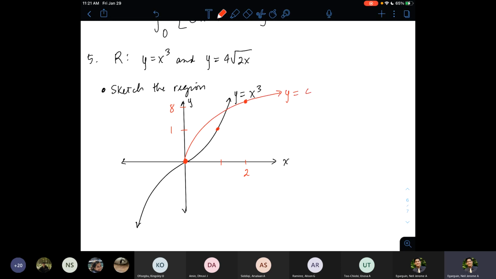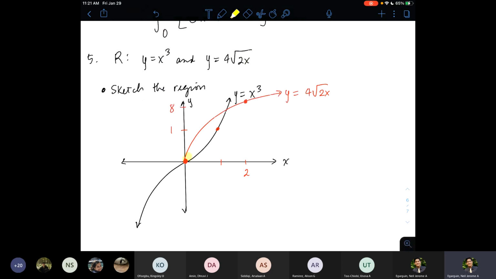So this is y equals 4 root of 2x. All right, so here I only needed to have an idea of how the graph looks like. I know a square root function is a semi-parabola, so it either opens to the left or to the right, and then take half of that parabola, and then I just give two specific points. So this is my shaded region.